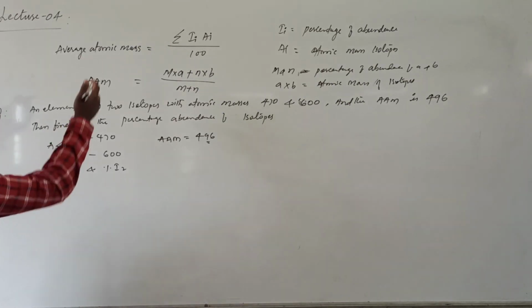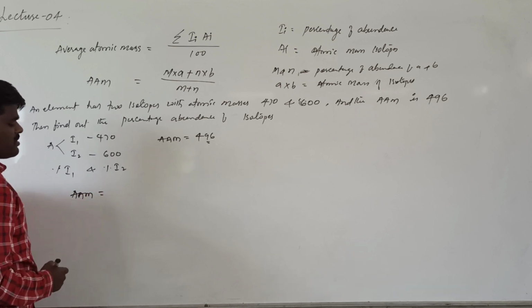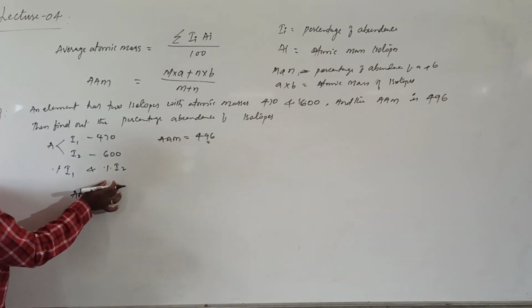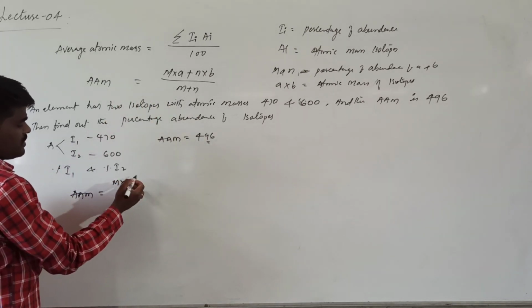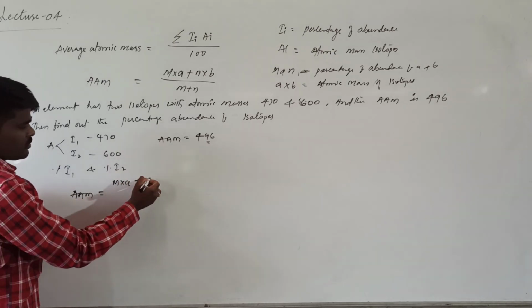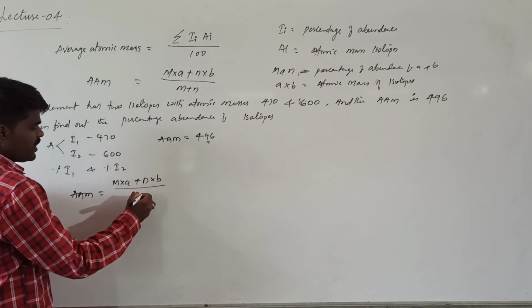How to find out? By using this formula you can calculate. Average atomic mass is equal to the percentage abundance of one isotope into its atomic mass, plus the percentage abundance of the other isotope into its atomic mass, upon m plus n.